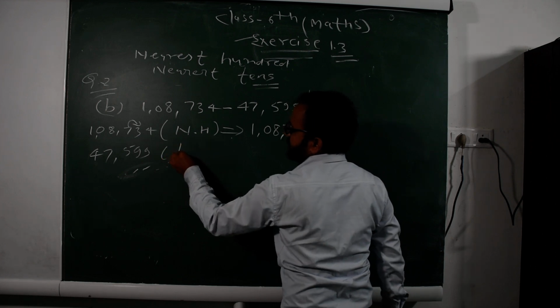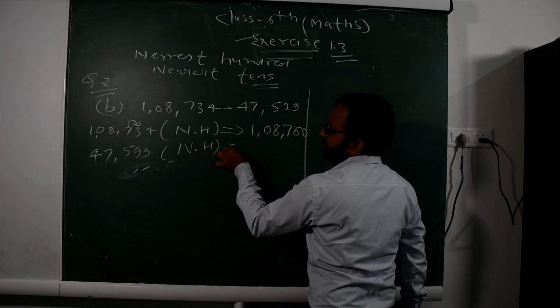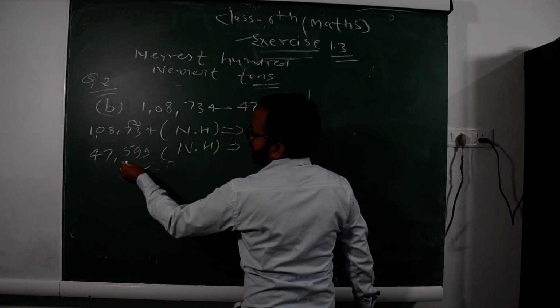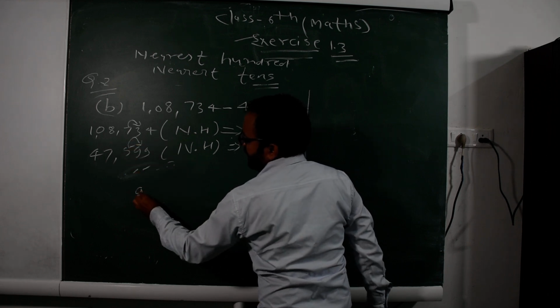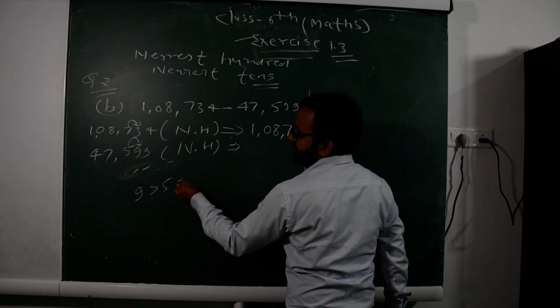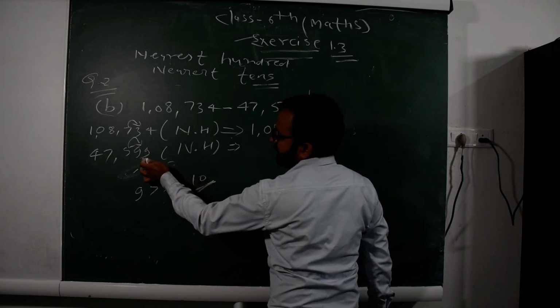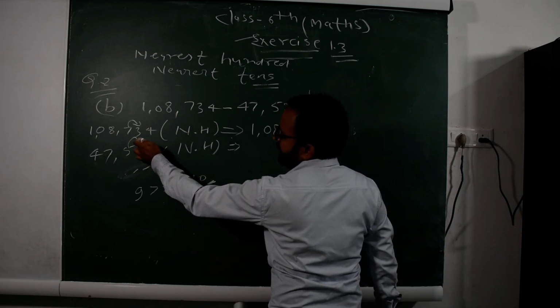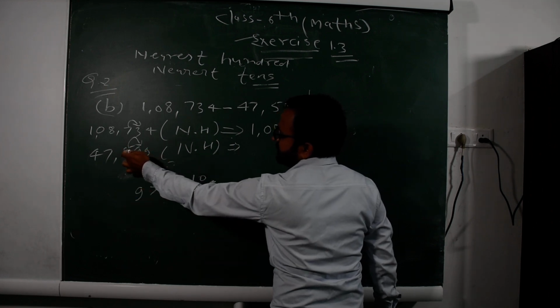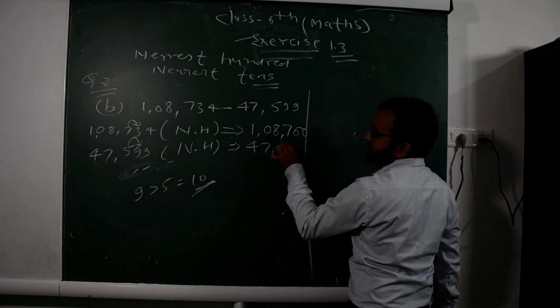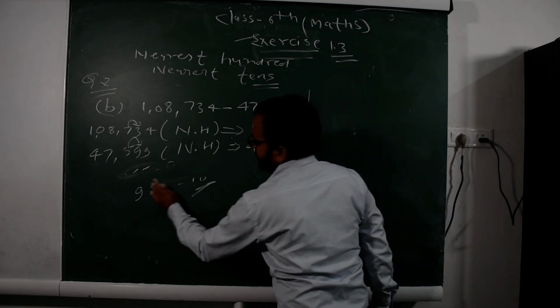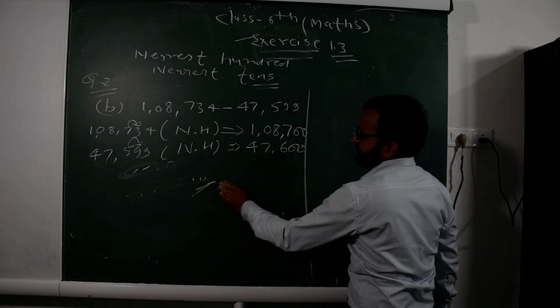Same as 47,599, nearest 100. 9 is greater than 5, so we consider 10. Okay, so we put 0 at the place of tens and 1 plus 5, so 47,600. 5 plus 1, 6.